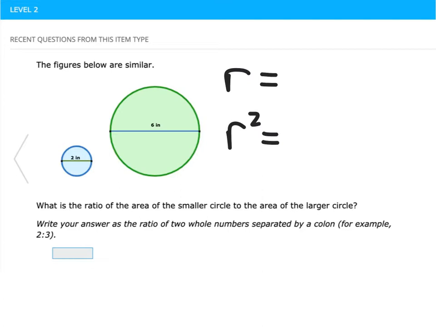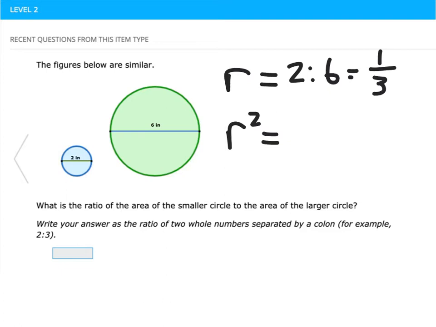So in this one, we can see that the r value, the ratio of the lengths of sides, is going to be 2 to 6, which translates into a fraction of 2 over 6, or 1/3. So we would say that the diameter of the smaller circle is 1/3 of the size of the diameter of the large circle.